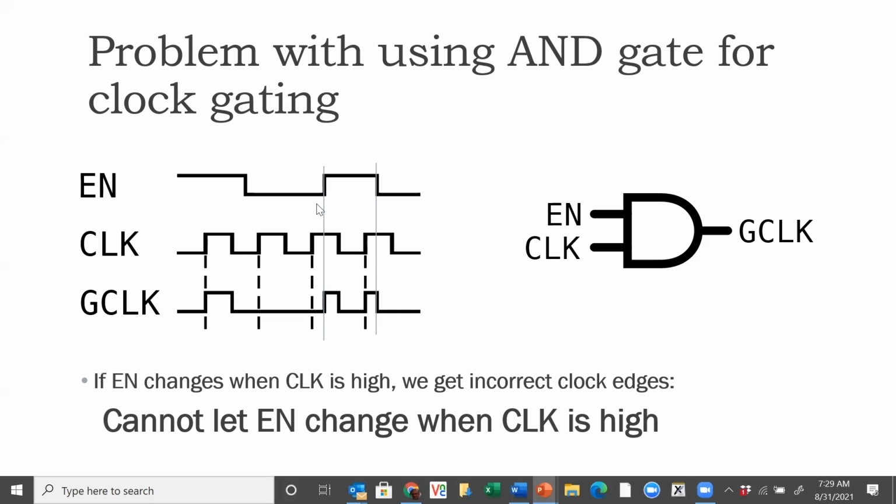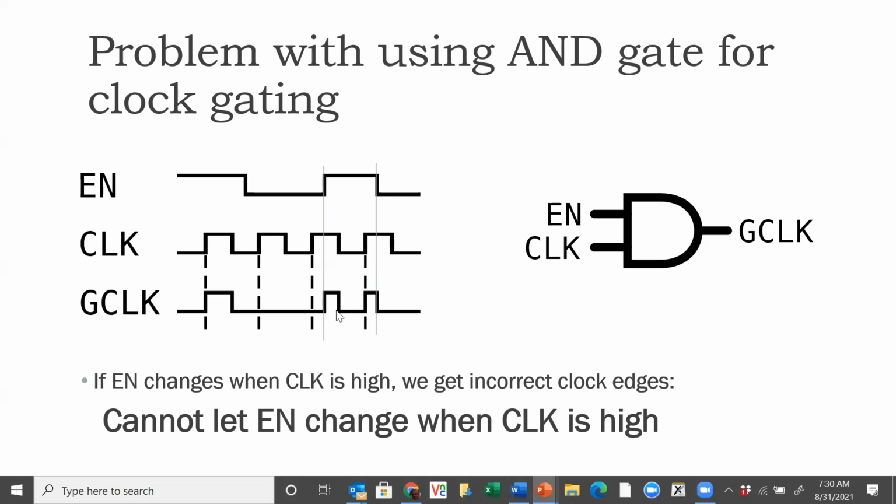Whenever the enable changes state when the clock is high, then you will have these kind of glitches at the GCLK, right? You can see that here because when the clock is high and the enable goes high, then both the inputs to the AND gate are 1, and the output of the AND gate will go to 1, which is what you're seeing here. And similarly, when the clock is high and the enable goes high to low, the clock will also go high to low.